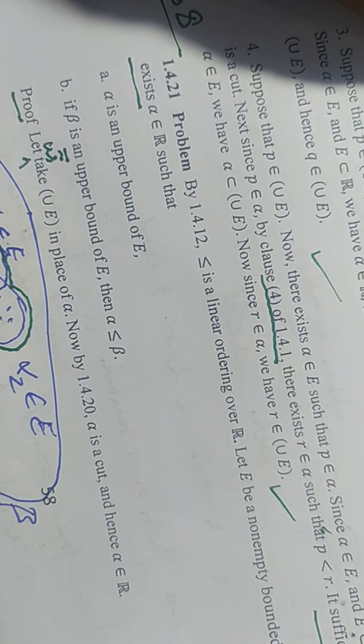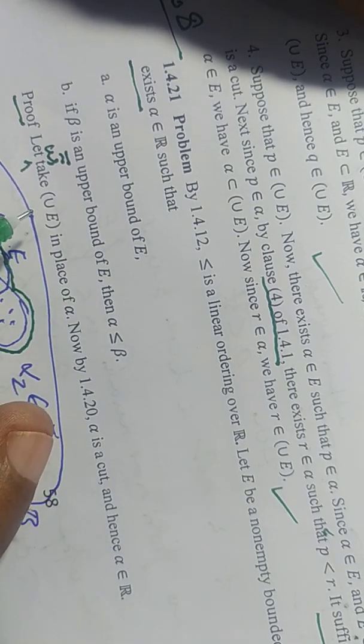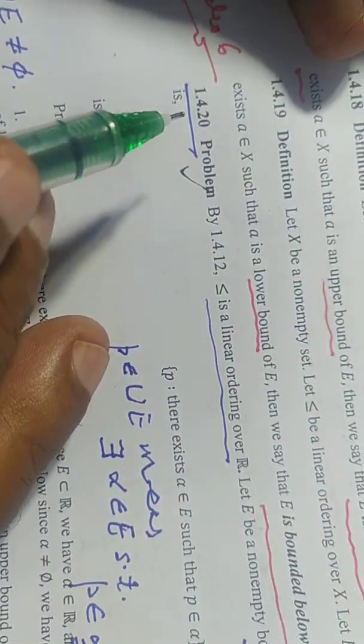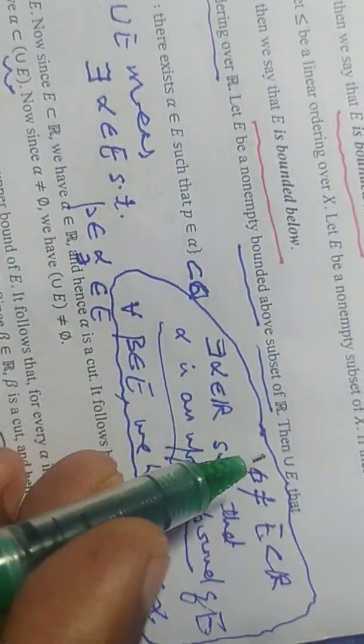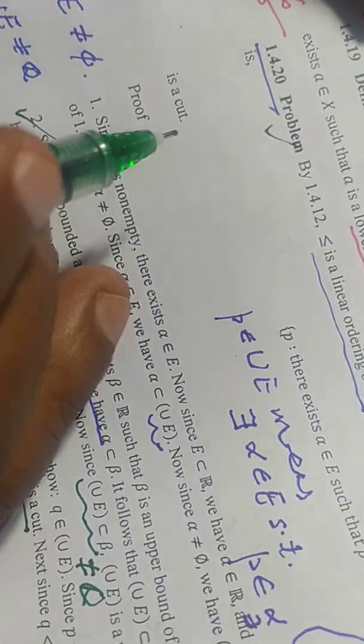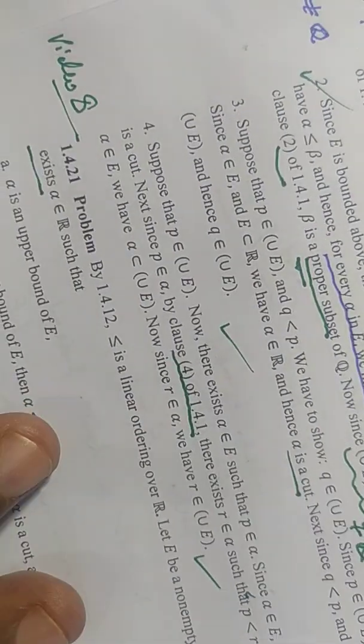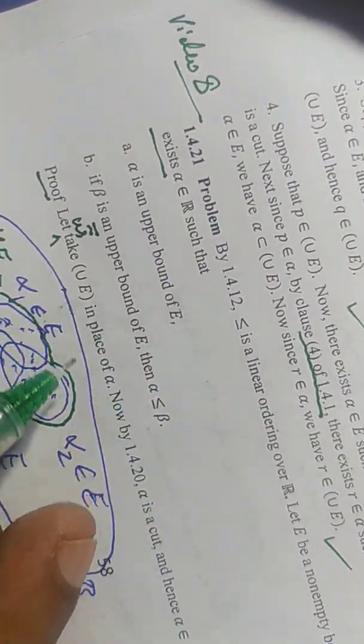Its property has been dealt with in our earlier result, which says that union of E is actually a cut.